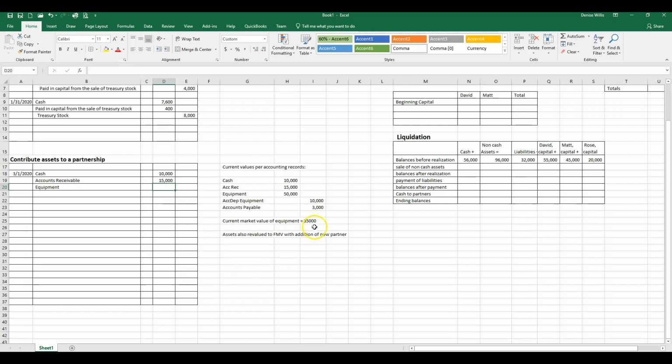And down here it says current market value is $35,000. So that's what we're going to use. Now we're bringing some of our liabilities with us, and our liabilities are $3,000. The remaining portion is going to go to the partner's capital account.